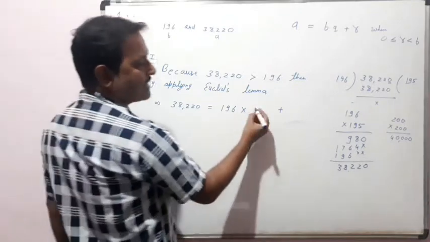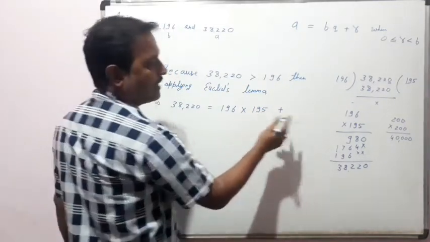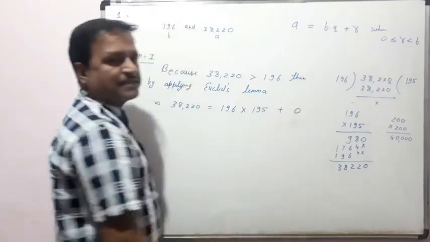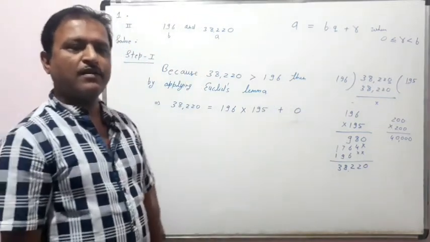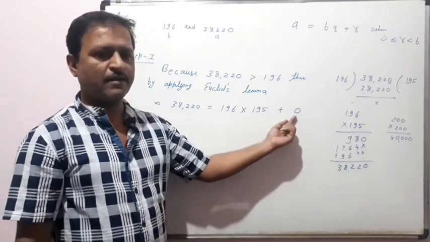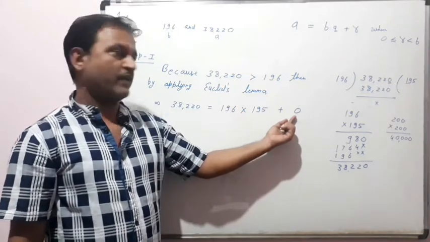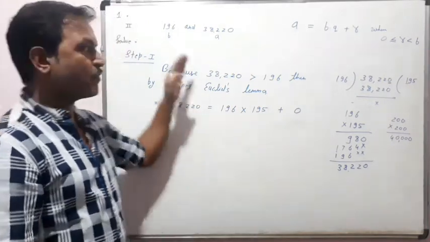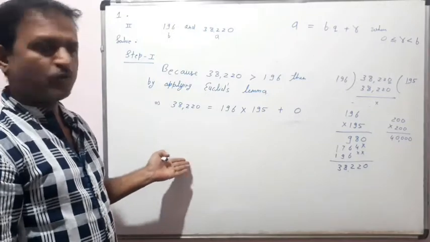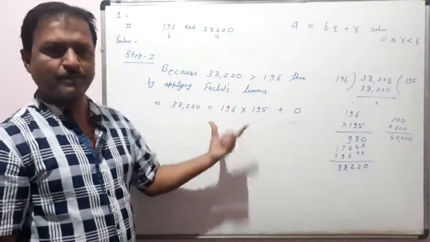So 196 into 195, your quotient, and remainder we get 0. In first step only we get the remainder 0. And I told you that whenever we get remainder 0, our process will stop. So our process stops in first step only.